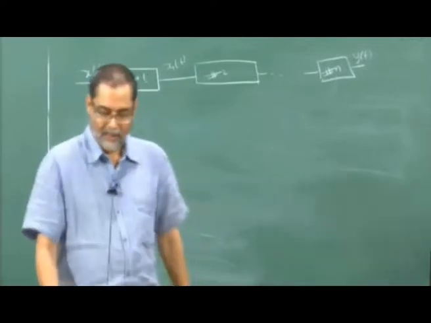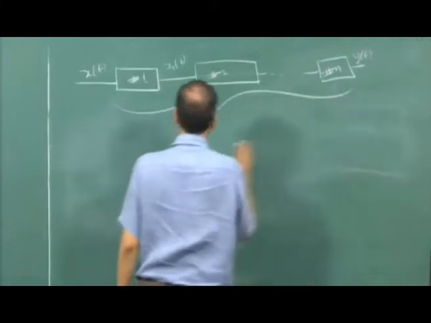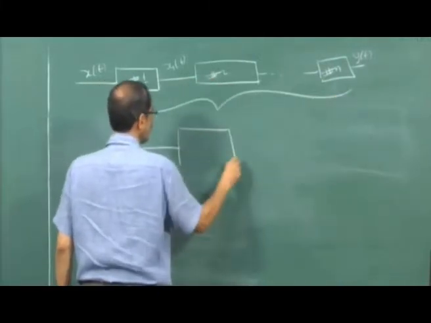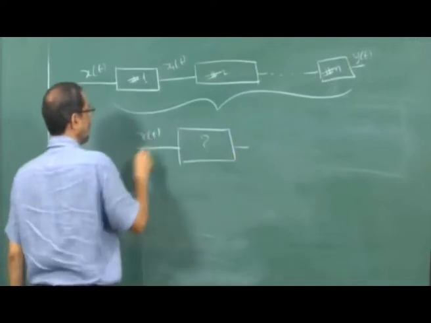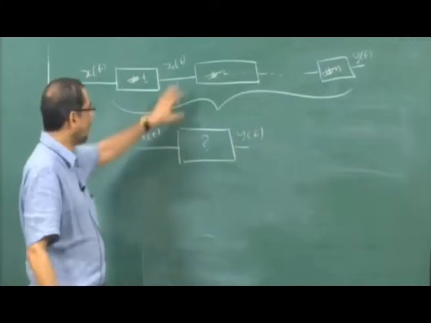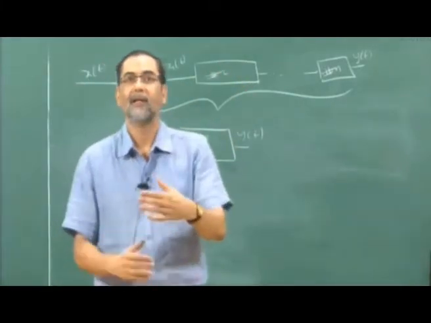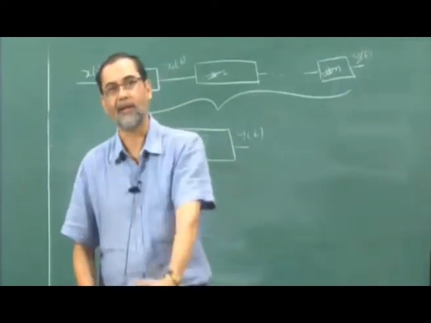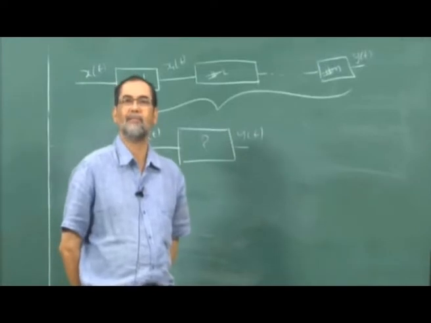So the question is, can I represent this entire thing by one system, so that when the input is x of t, I get the same output y of t? Can I represent this entire tandem of n systems, where the output of one goes to the input of the other, as one system?